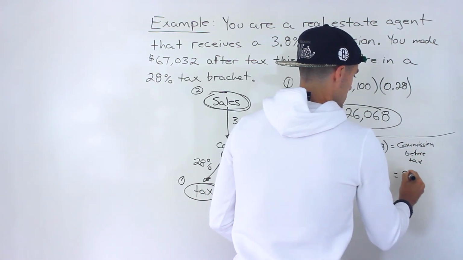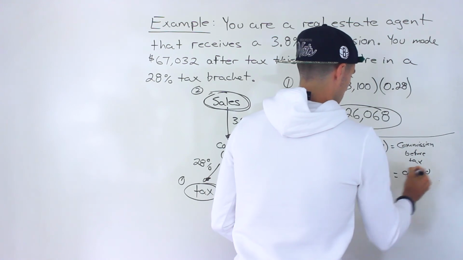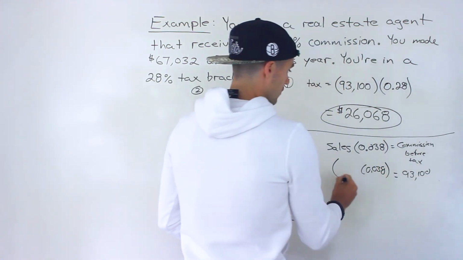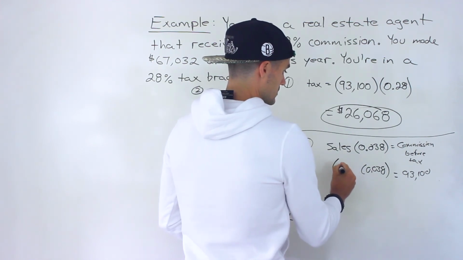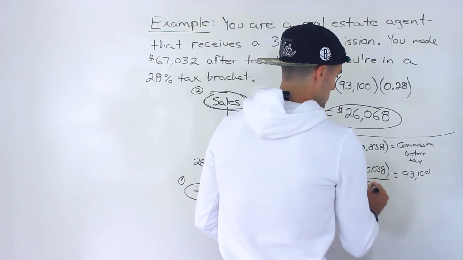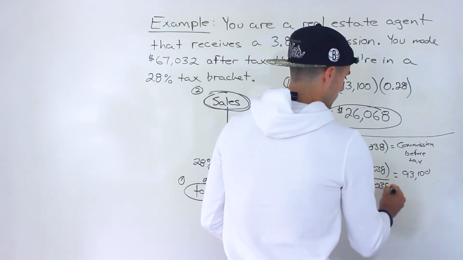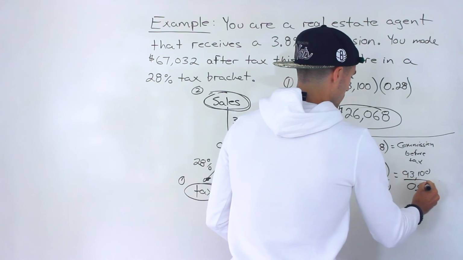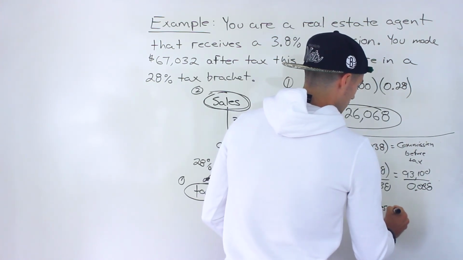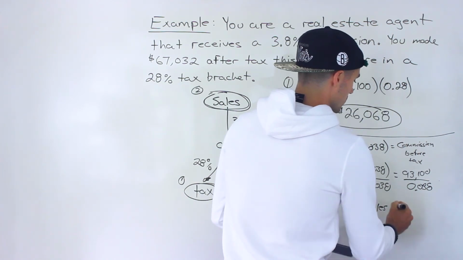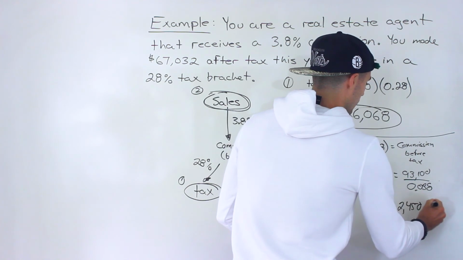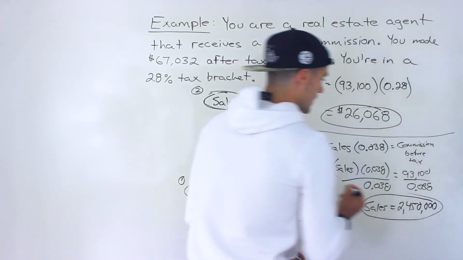We know what this is, 93,100. We've got 0.038, and we're solving for the sales over here. Let's just write out sales. So divide both sides by 0.038. And what are we going to end up with? Sales would end up being 2.45 million, 2,450,000. So that's the answer to number 2.